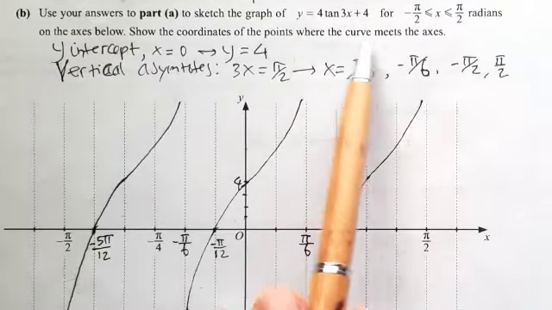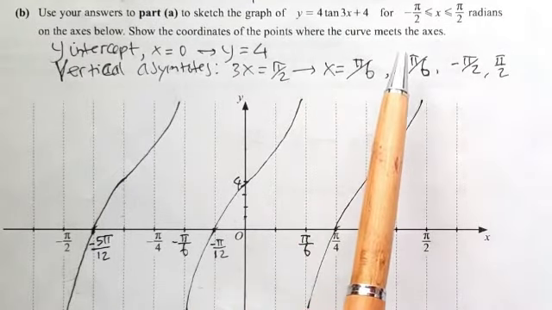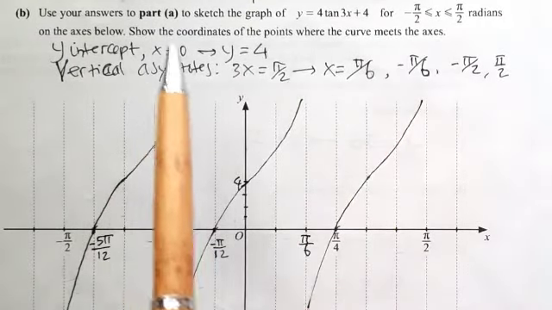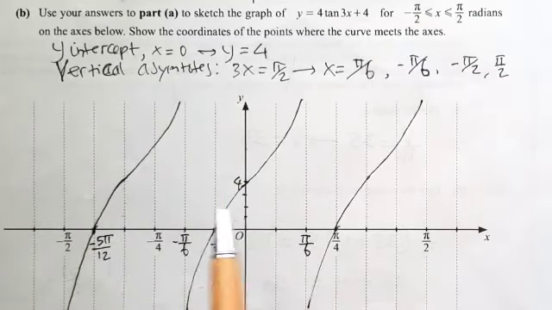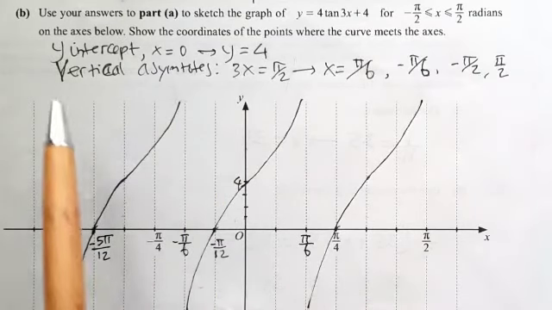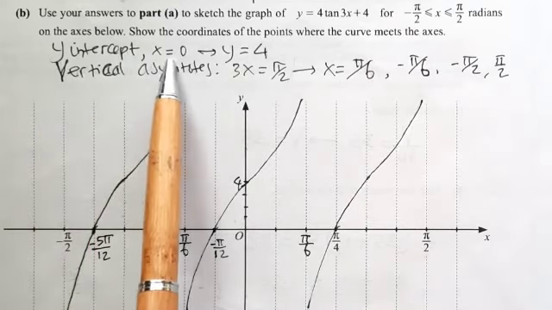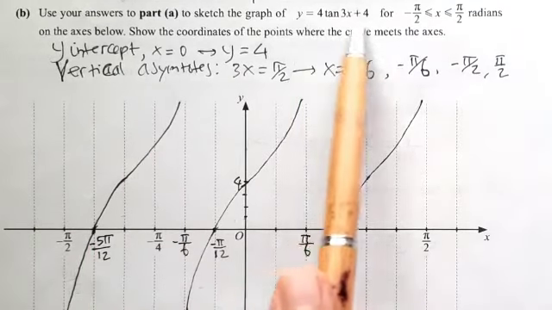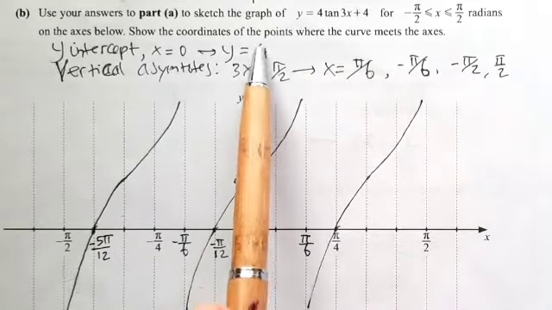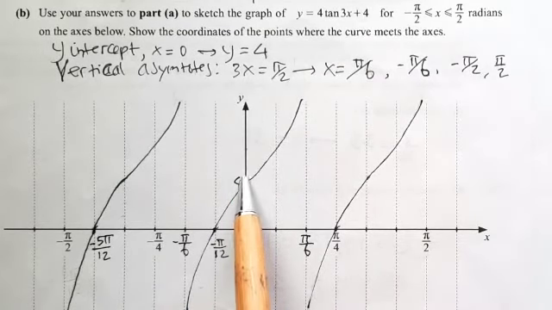For the x-intercepts, we found them already in A: minus 5 pi over 12, minus pi over 12, and pi over 4. For the y-intercept, we substitute x equals 0 in this equation, and obtain y equals 4, thus the y-intercept is 4.